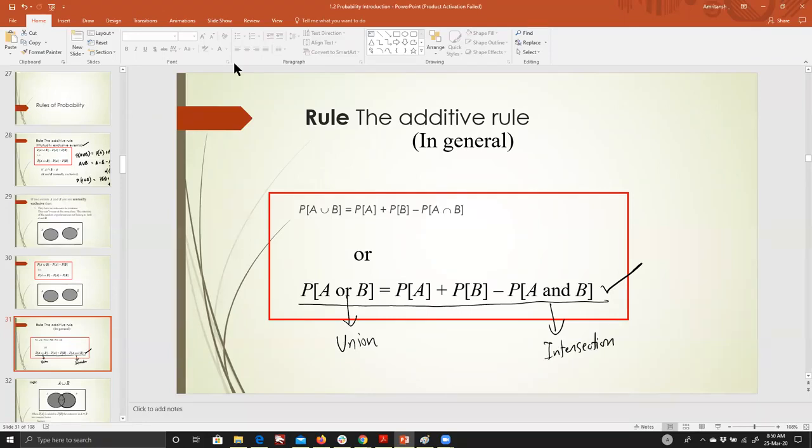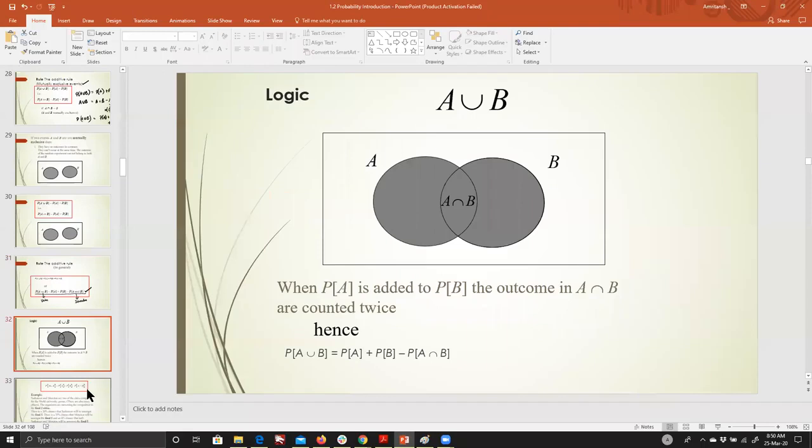Okay, so this is how it looks. Any doubt with this equation? How does this work?